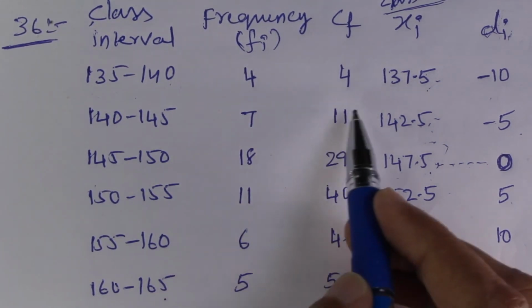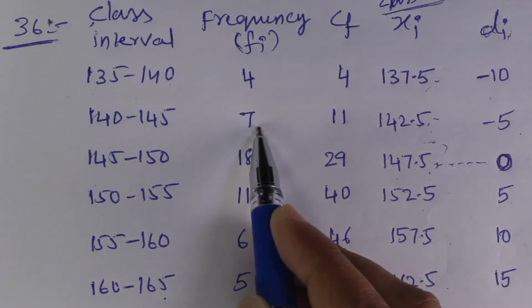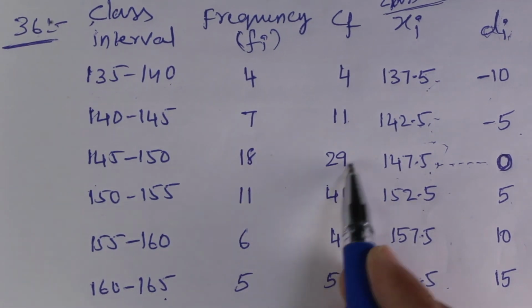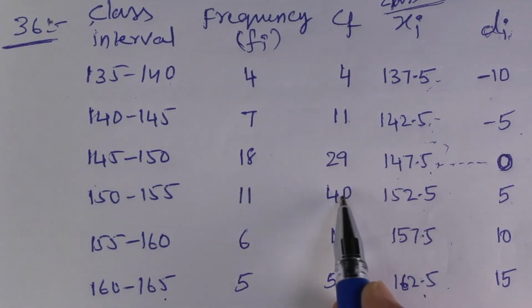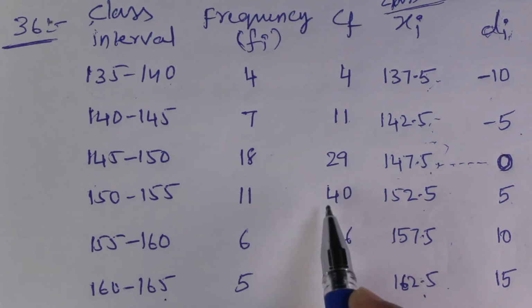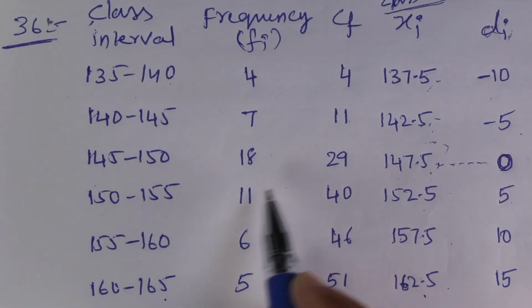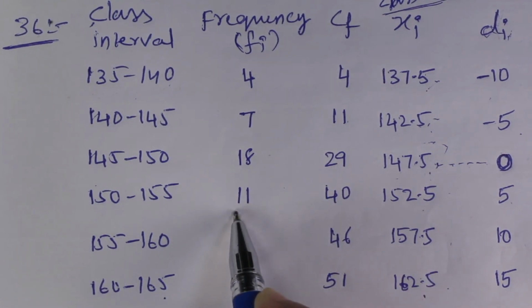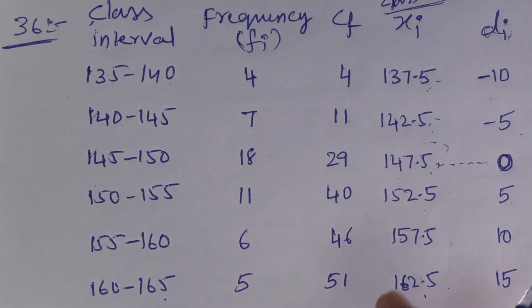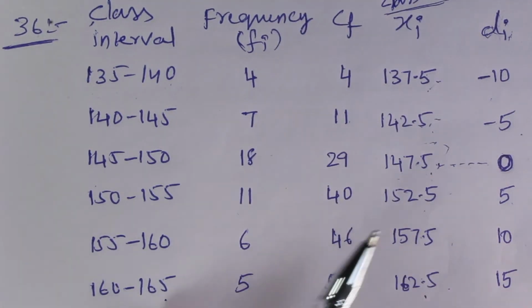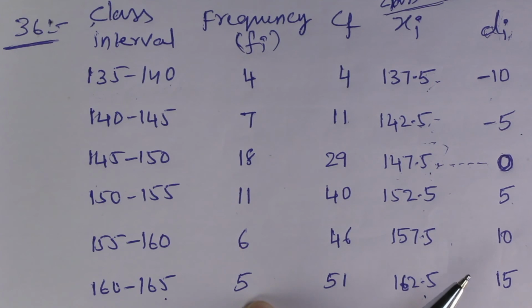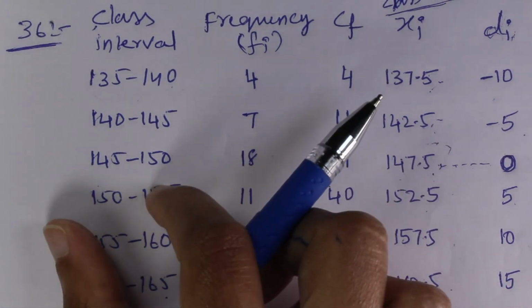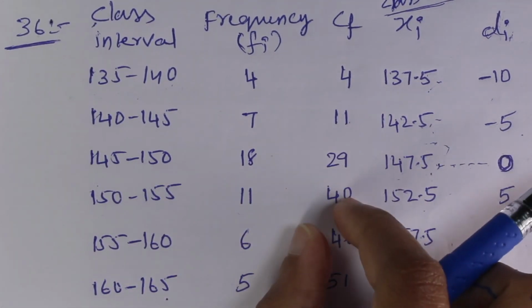For the second class it will be 11 minus 4, that is 7. For the third class it will be 29 minus 11, that is 18. For the fourth class it will be 40 minus 29, that is 11. So in this way we will calculate the frequencies of each class. Now we have the class interval, frequency and the cumulative frequency.